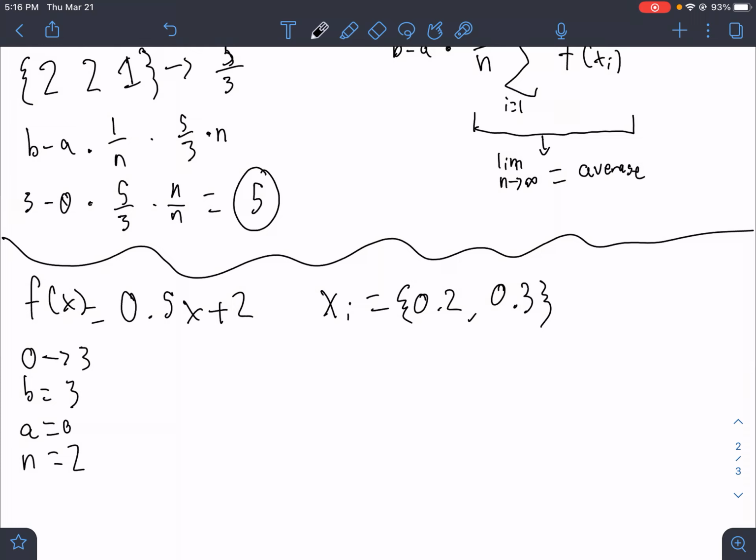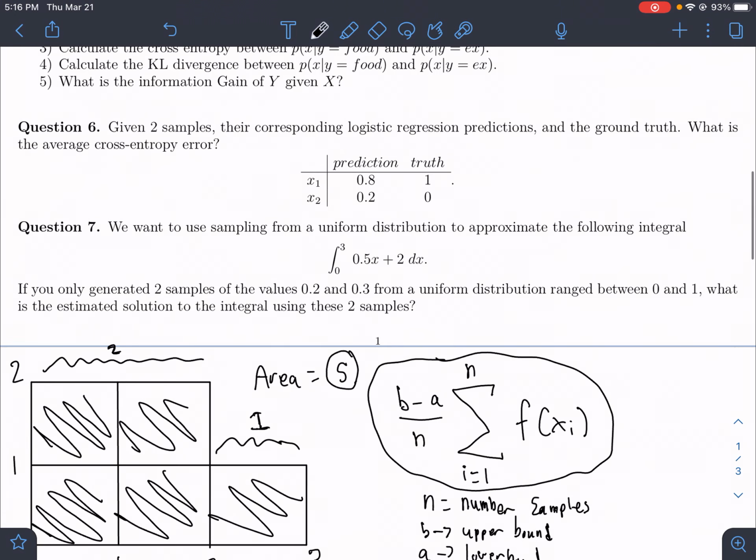Now, one catch that we need to really pay attention to. If we read the instructions out loud, maybe you'll find it as well. The instructions say, when you're sampling from a uniform distribution to approximate the following integral, if you only generated 2 samples of the values 0.2 and 0.3 from a uniform distribution ranged between 0 and 1, what is the estimated solution to the integral using these 2 samples?